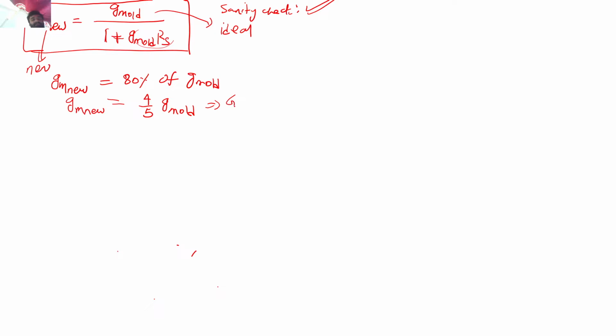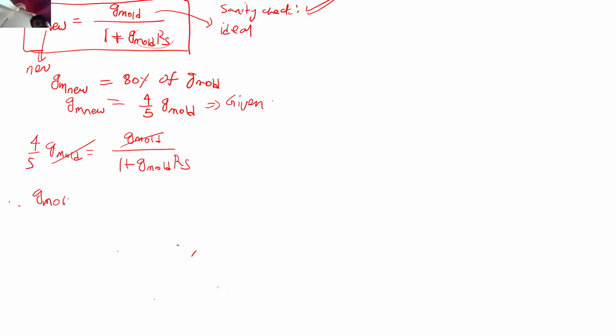So let's put it in the formula. 4 by 5 times gm old is equal to gm old upon 1 plus gm old into Rs. The gm old and gm old get cancelled, so gm old times Rs will be nothing but 5 by 4 minus 1, which comes out to be 1 by 4.